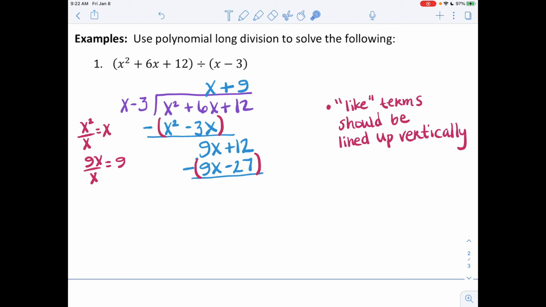If we take 12 and subtract negative 27, then those two negatives again make a positive, and we are going to get 39. We've run out of numbers. We brought down this 12 already. There's nothing else out here to bring down, so we're done, and this is our remainder.